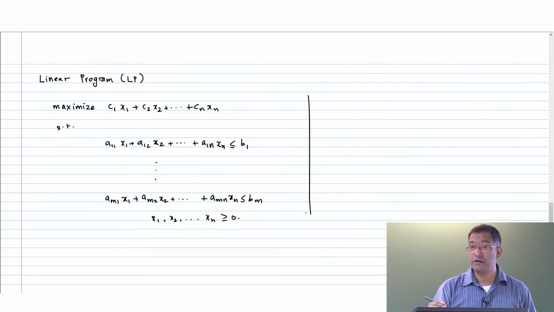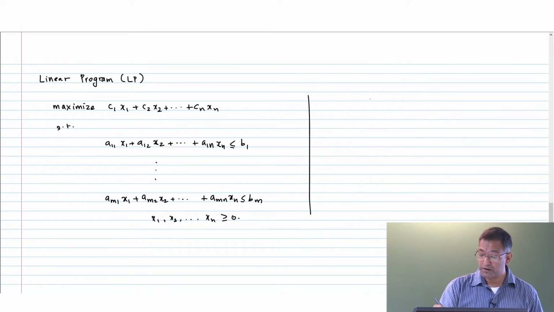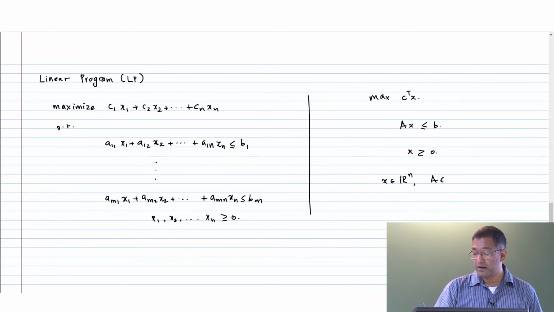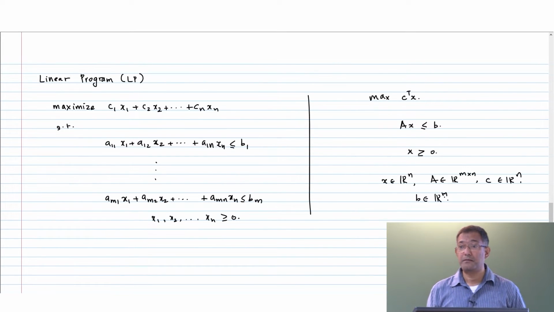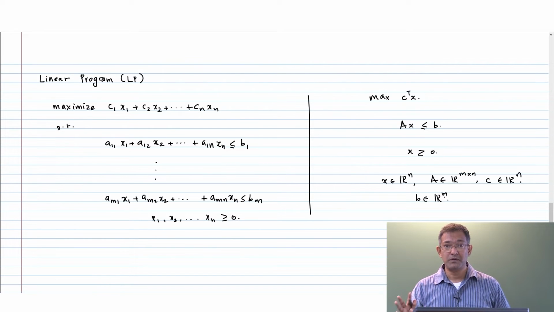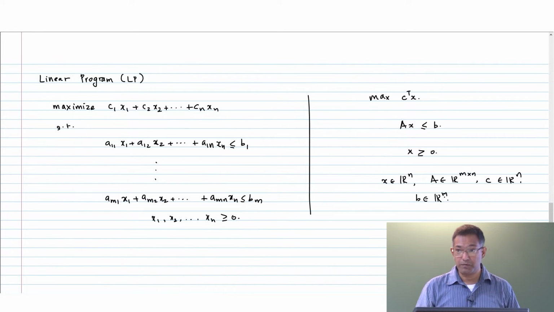We can write it in matrix vector notation as maximize c transpose x subject to Ax less than or equal to b, x non-negative, where x is in R^n, A is in R^(m×n), c is in R^n, and b is in R^m. So, this is the general linear programming problem.